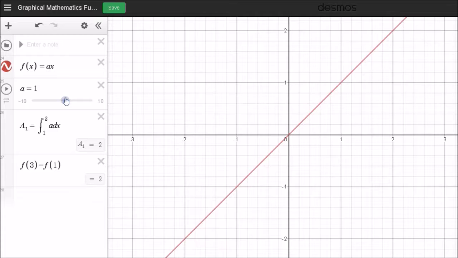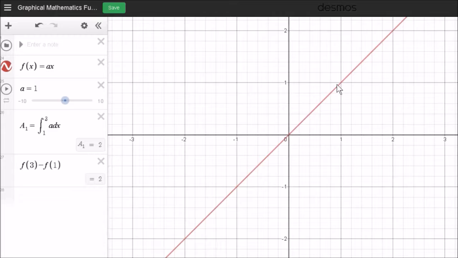Now what we want to do is differentiate this function. So we want to create a new function which tells us the gradient of this function. If the gradient of this function here is 1, so the rise divided by the run is 1 divided by 1, so the gradient is 1.